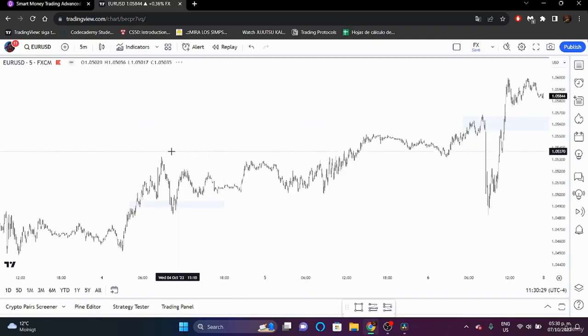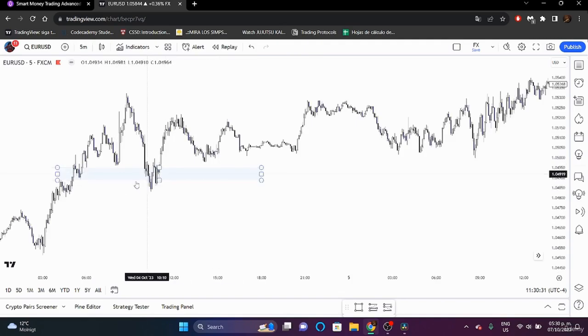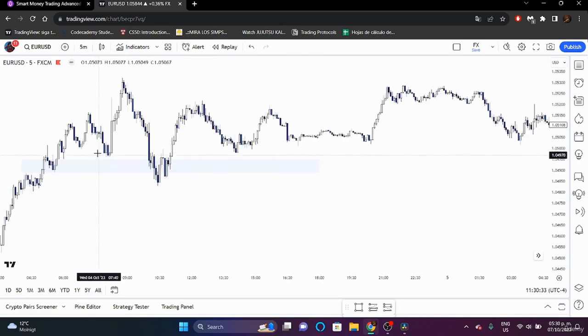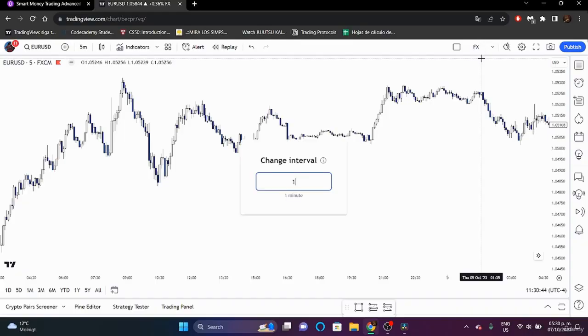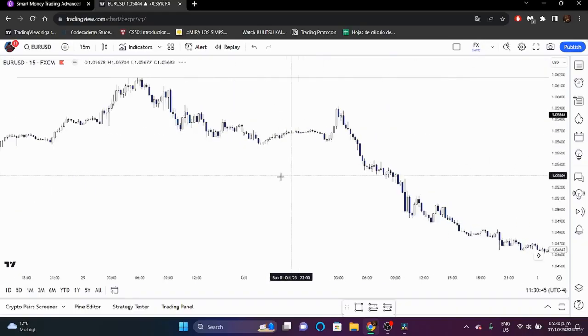Your first answer is, well, this breaker, is it really a breaker block? At this point it is a breaker block and it goes lower, but I haven't even mentioned what a breaker block is. I'm just trying to show you how it looks. A breaker block, in the bearish case, is the last down candle before the move up and the manipulation.